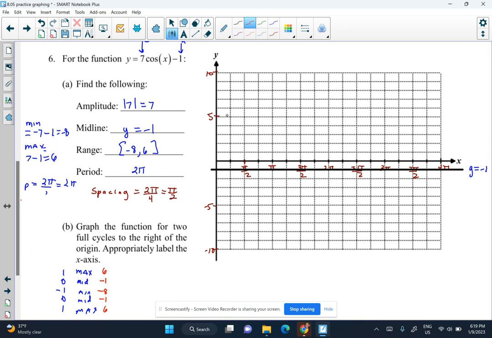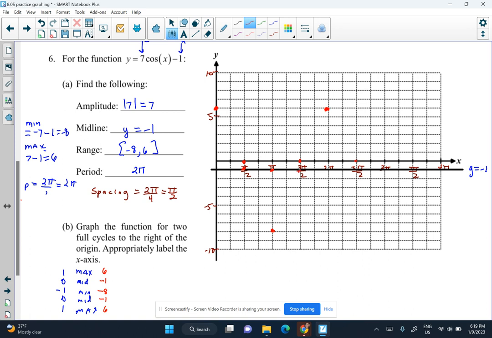So we start off at 6. We start off high, move 2 boxes over to the midline, move down to -8. It's a big curve. Back to the midline, moves 2 spaces over back to the maximum. That's 1. Back to the midline, back down to the, whoa, I missed the midline. I did the x-axis.